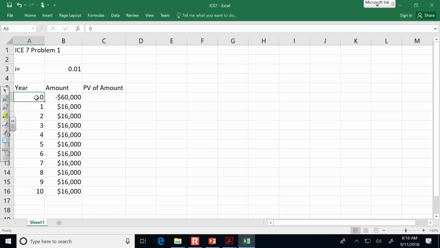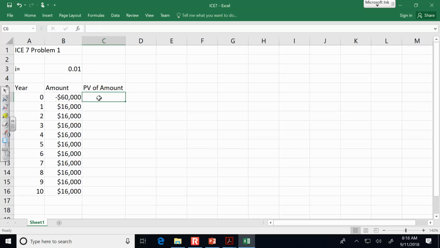This is going to move 0 years because it's already in year 0. This 16,000 is moving from year 1 back to year 0, so it's only moving 1 year. So this 16,000 in year 1 is going to have a greater value than this 16,000 in year 10, because this amount in year 10 has to move back so many years, it's not really worth very much in today's terms because it's paid out so long in the future.